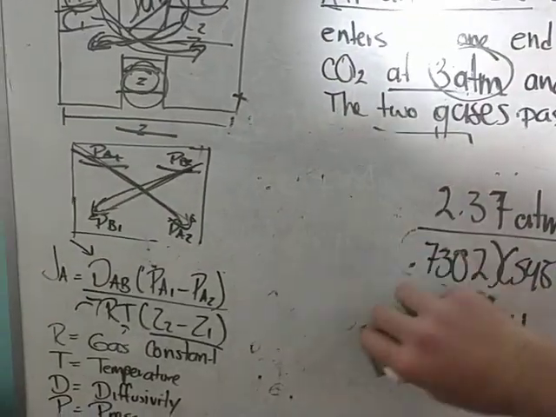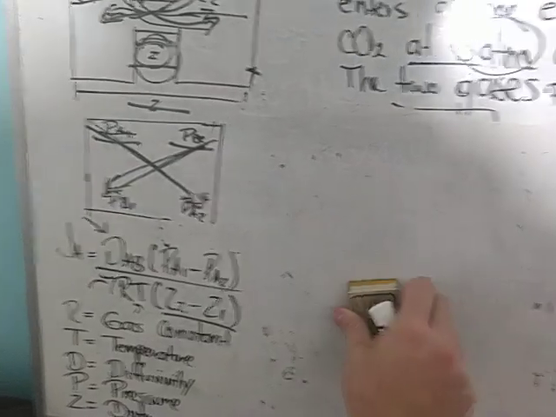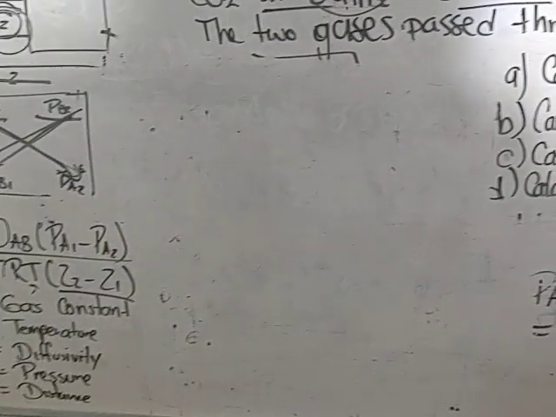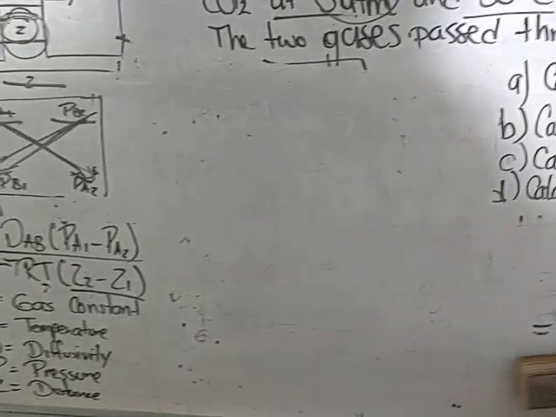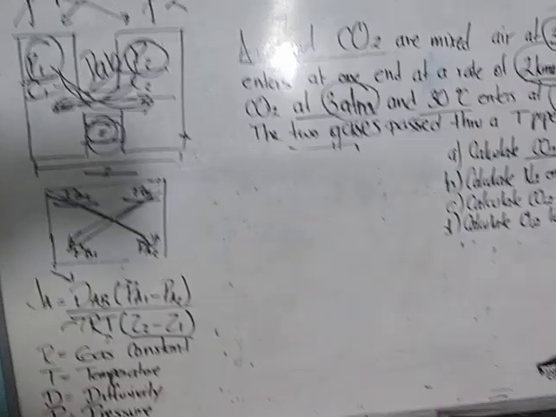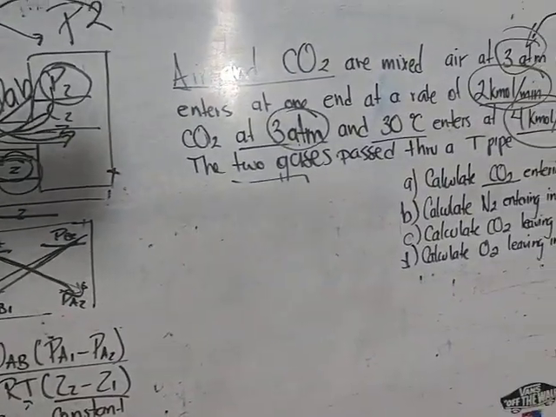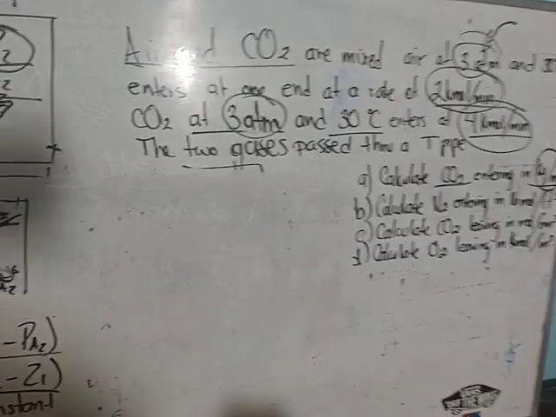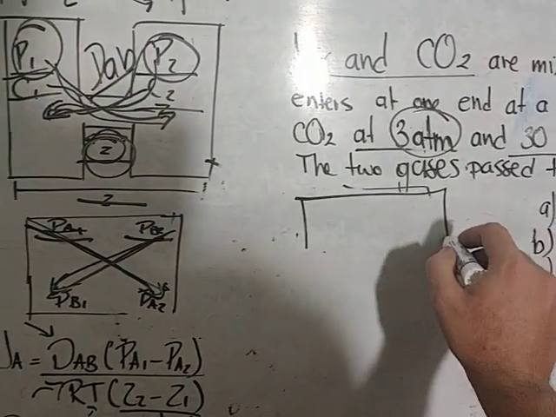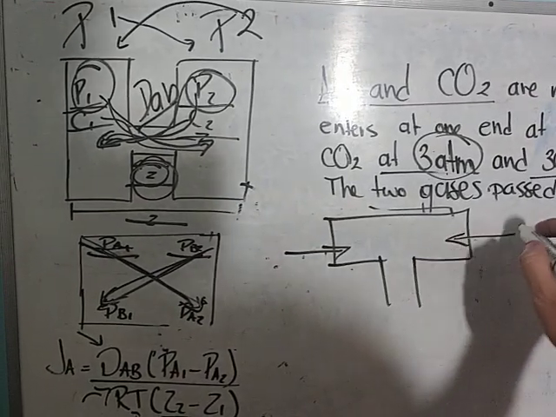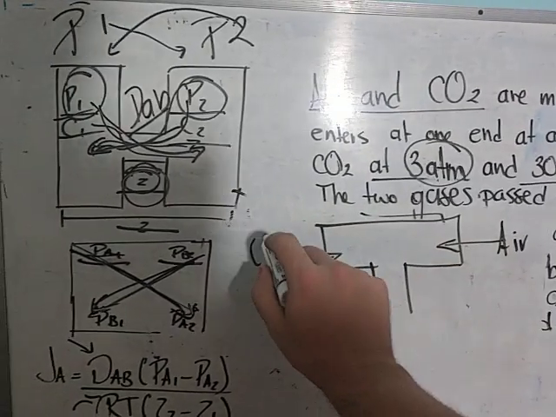Now, part 3 is in a certain way different. Why different? Well, the difference is that they are talking about the dioxide that is leaving. So if I consider the system, in one part the air is entering, in the other the dioxide is entering.